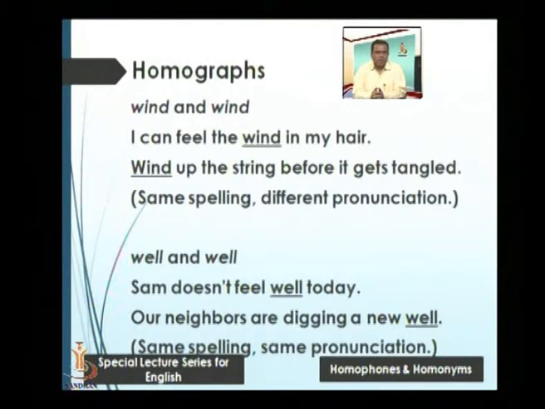Our neighbors are digging a new well. When you say this, somebody is making a pit. Then that well, kuo, what we say, in that context it is used. And somebody is not feeling well, tabiyat sari nathi. In that context, well is used. Here, well is used in the sense of kuo. Same spelling, same pronunciation.